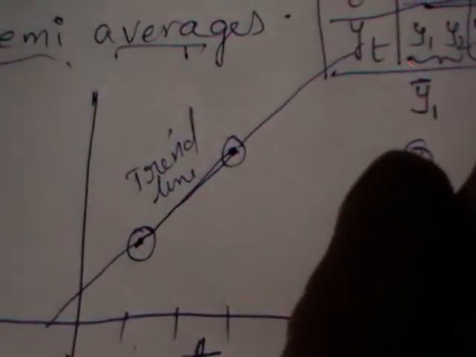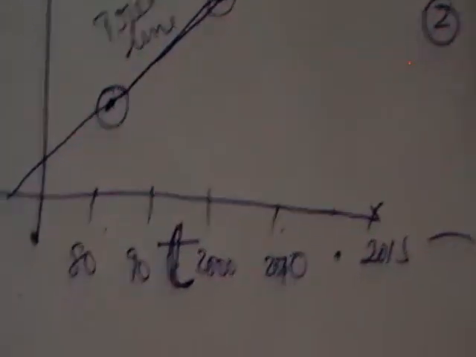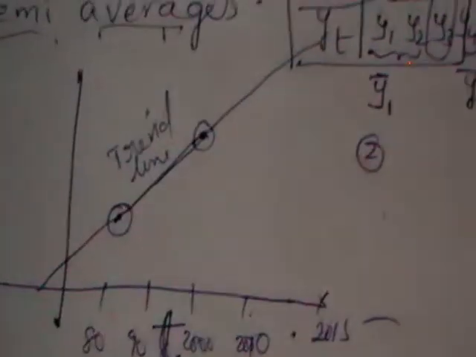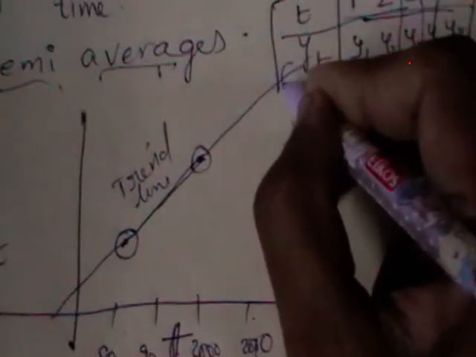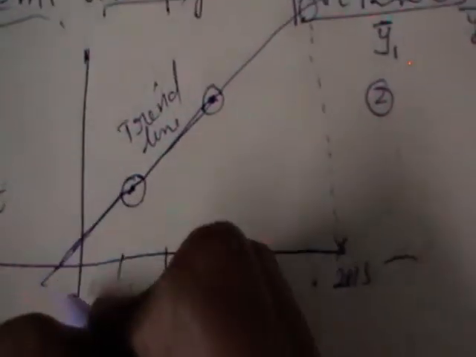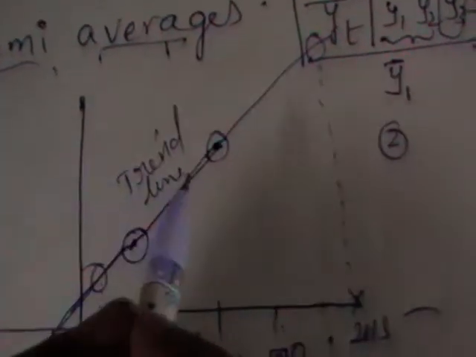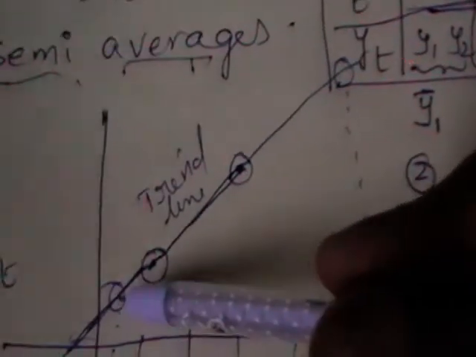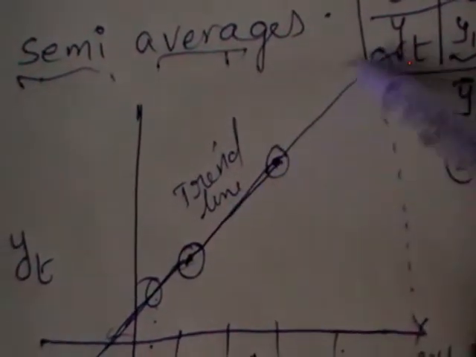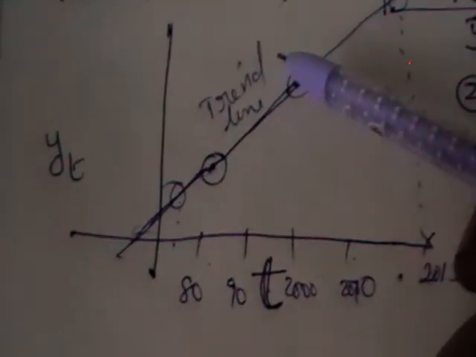If I want to find the trend in the year 2015, extend the line upwards and you can find the estimated trend value by locating the point. If I want to find it in the 1970s, extend in the backward direction and identify the point. So compared to the graphical method, here we can estimate trend values in future or previous periods by extending the trend line in both forward and backward directions.